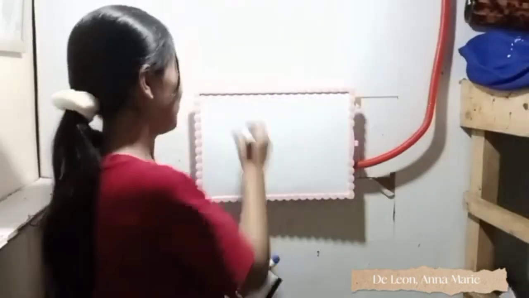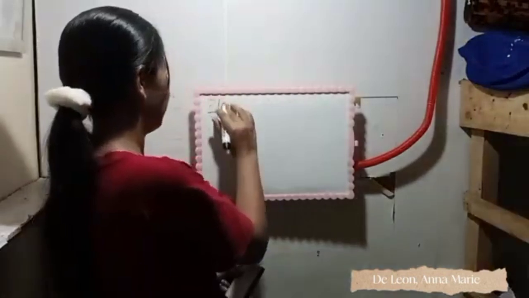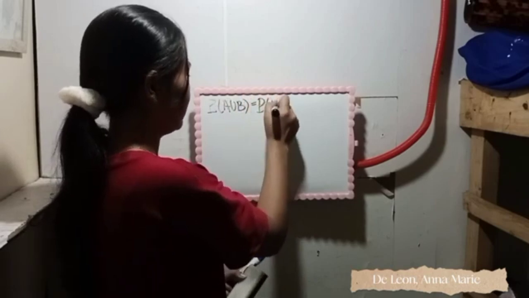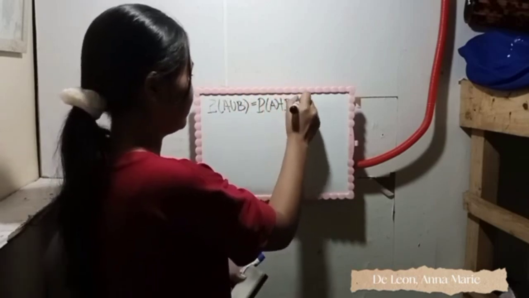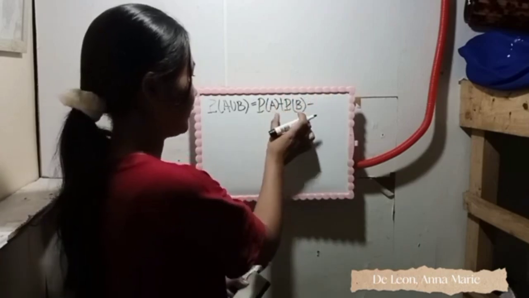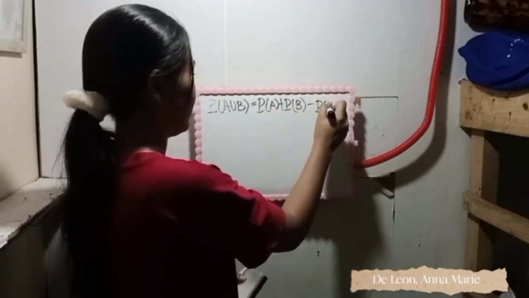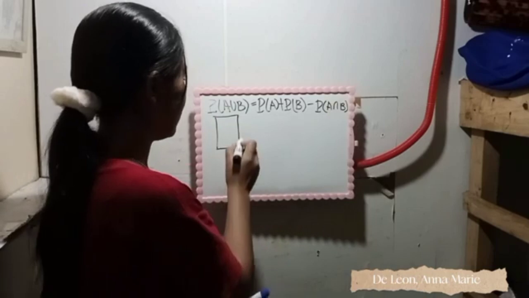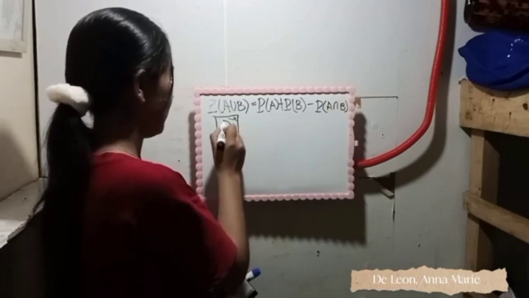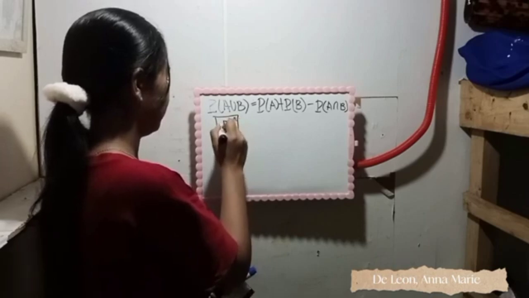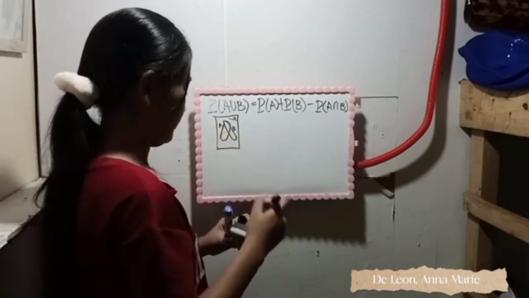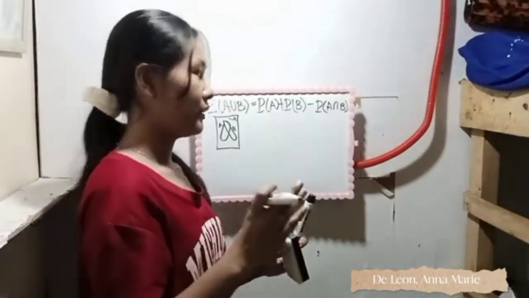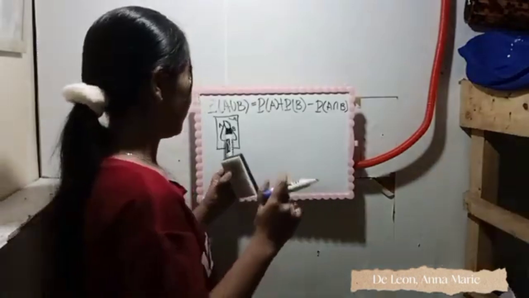Our third equation is probability of A union B is equal to probability of A plus probability of B minus the probability of A intersection B. So here is the sample space, and inside are A and B. First we're going to get the probability of A occurring.